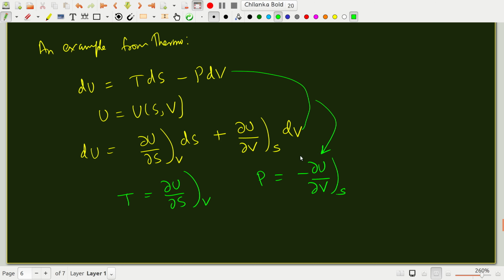Now, because U is a state function, it is an exact differential.